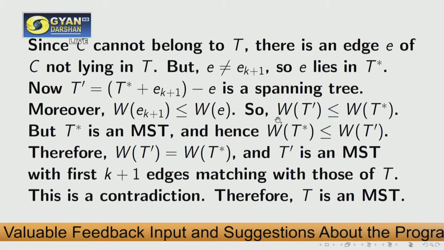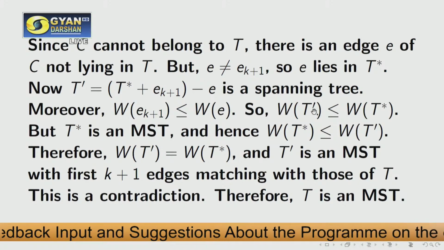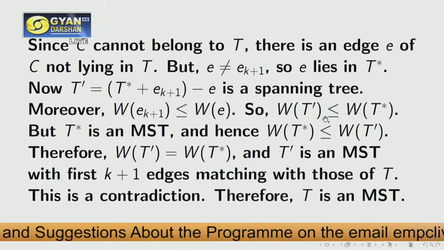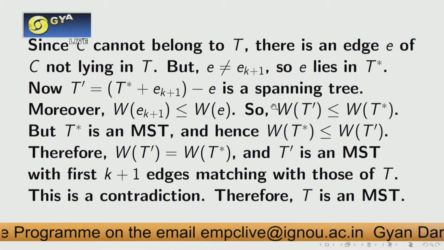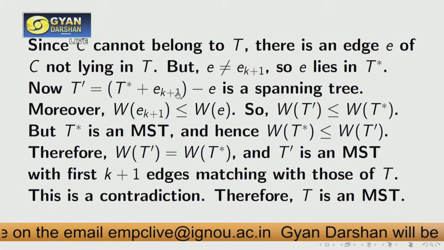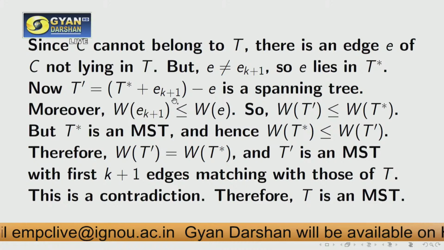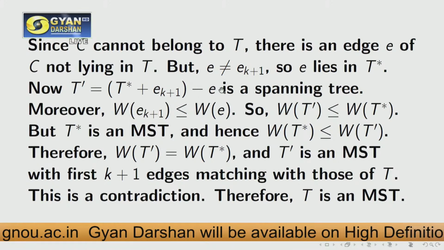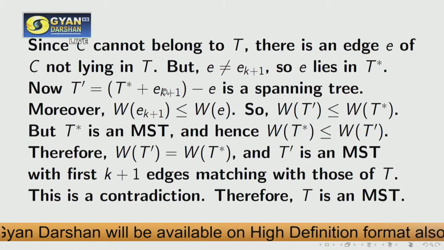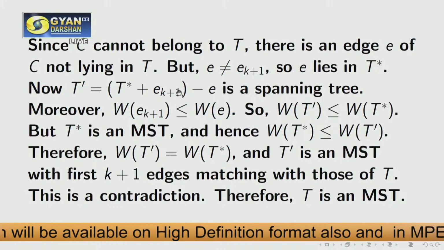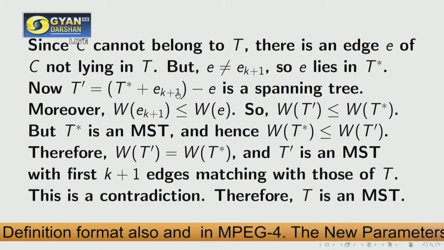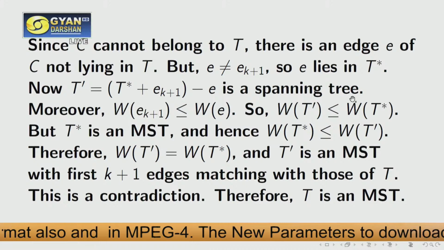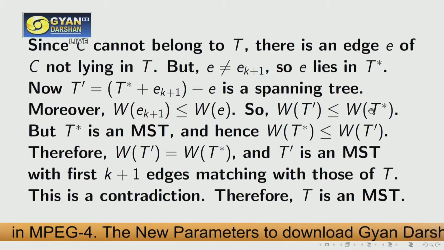Now, this implies that the weight of T dash is smaller than the weight of T star. How? Because we have actually subtracted a weight which is larger and added a weight which is smaller, right? So T dash actually has a smaller weight, or at most the weight of T star.